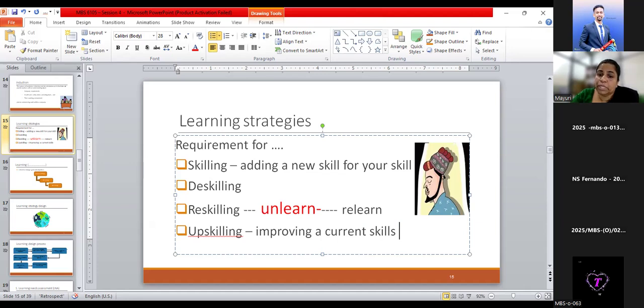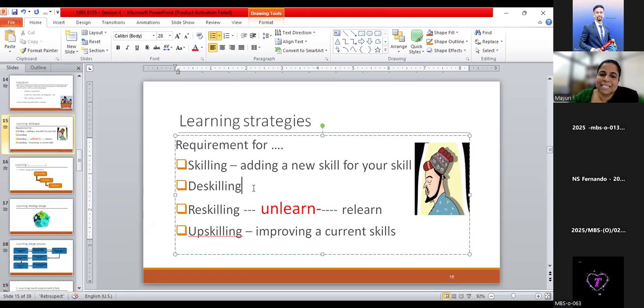So I'll repeat it. Skilling is adding a new skill to your skill bundle. Reskilling is you unlearn a skill and relearn something new. Upskilling is you are improving your current skills.